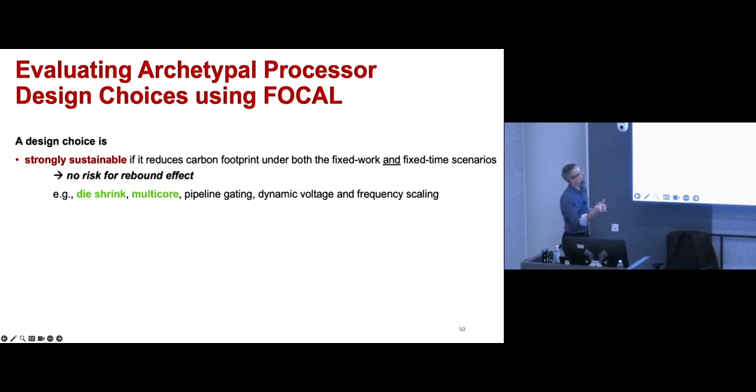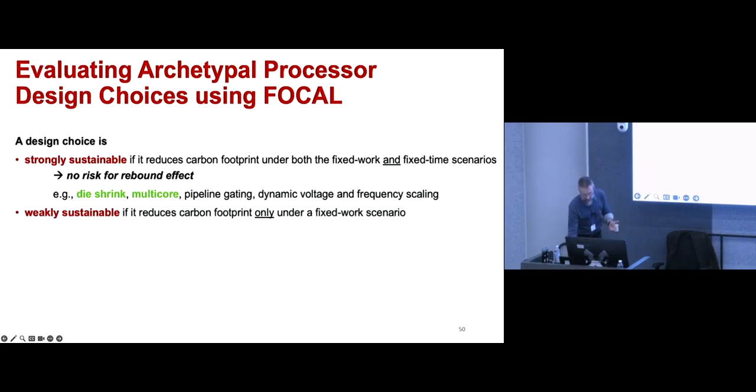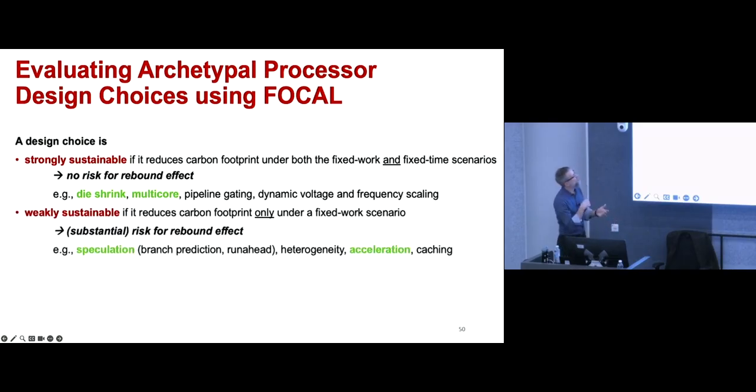And so even under a rebound effect, we end up with a reduced carbon footprint, then I would claim this is strongly sustainable. On the other hand, if the carbon footprint only reduces assuming a fixed work scenario, but not the fixed time scenario, then there is a risk for a rebound effect.